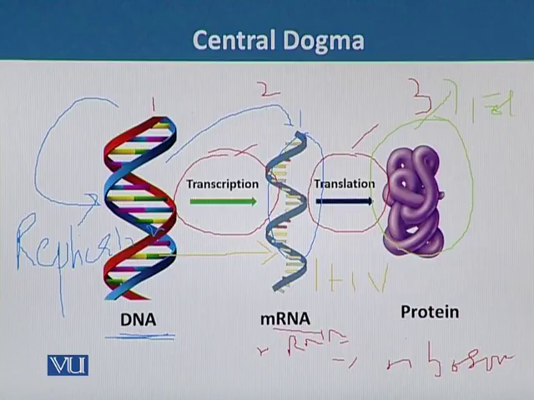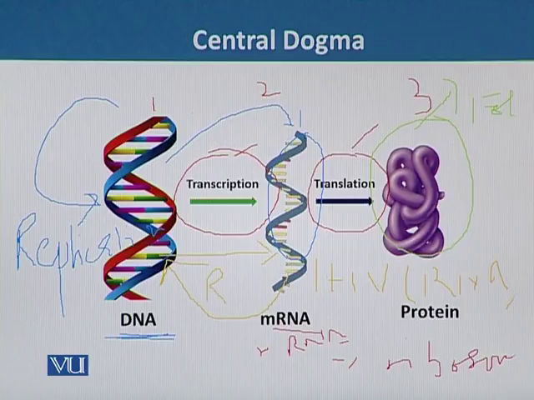This virus has RNA inside the virus, and because it has only RNA and does not have DNA, this virus can make a copy of DNA by using a specific enzyme known as reverse transcriptase.